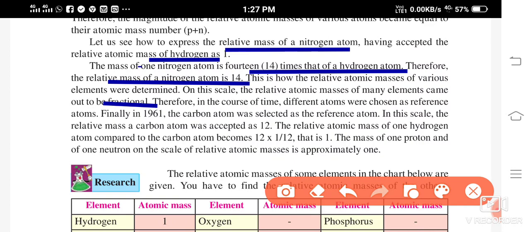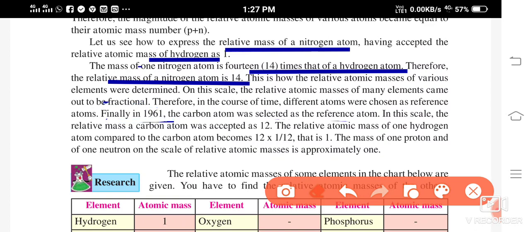Finally, in 1961, the carbon atom was selected as the reference atom.